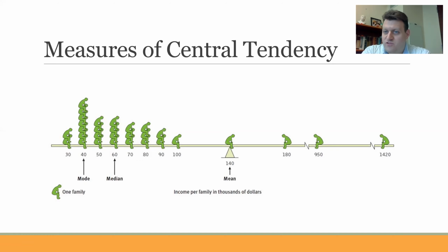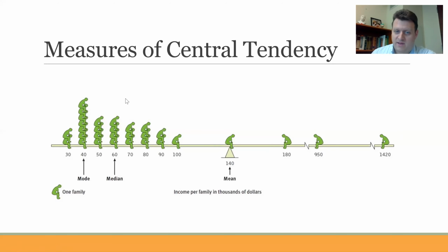And now the mean is going to be heavily inflated, and the mean isn't going to represent anybody's data. So if we look at this example right here, most people are clustered here around 60,000. But Bill Gates moves into the neighborhood, and all of a sudden that's going to skew the mean. It's going to bring the mean closer to the side where Bill Gates is. But you'll notice that the mean doesn't do a very good job of representing the majority of households in this neighborhood.